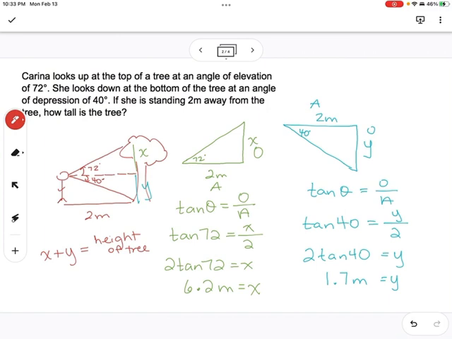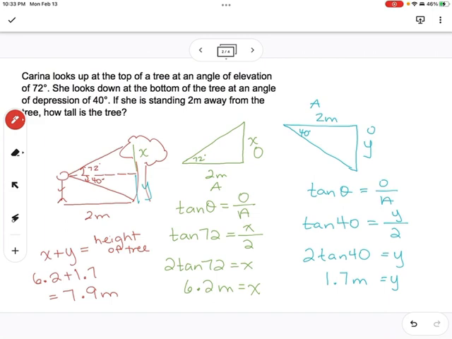Our x is 6.2 plus our y, which is 1.7. Get 7.9 meters.